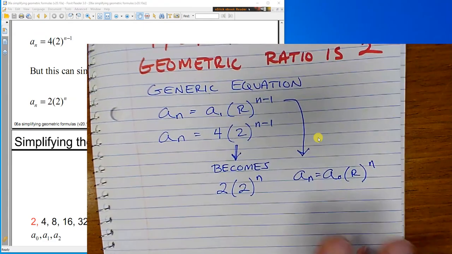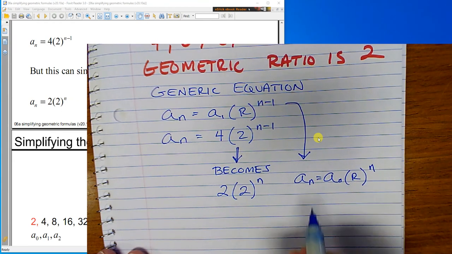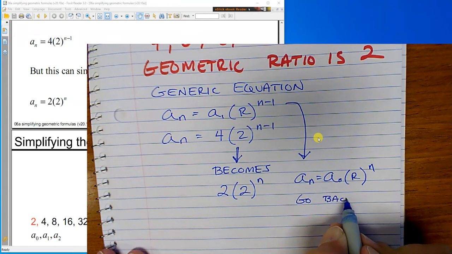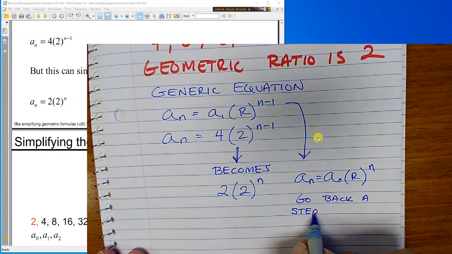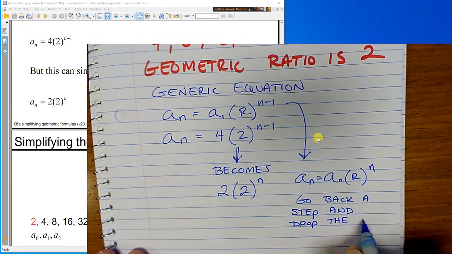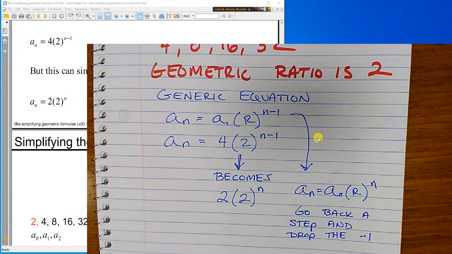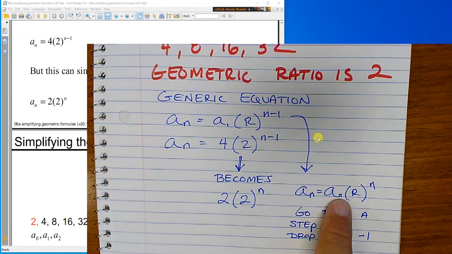So what we're doing is going backwards a step and dropping the negative 1. At a minimum, you can just start using both of these formulas, the unsimplified and the simplified.